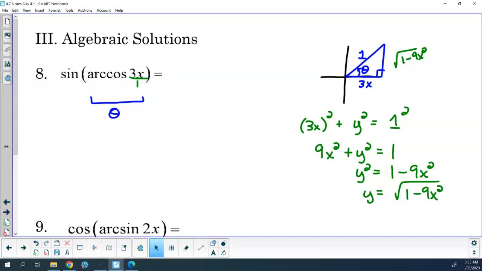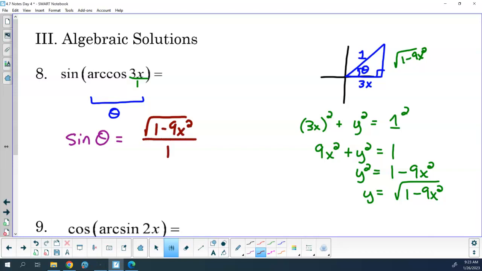Okay. All right. So we're looking here for the sine of theta, and that is going to be the opposite side over the hypotenuse, or because we're dividing by 1, we could just say that.